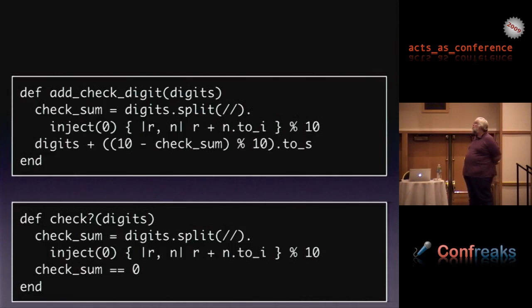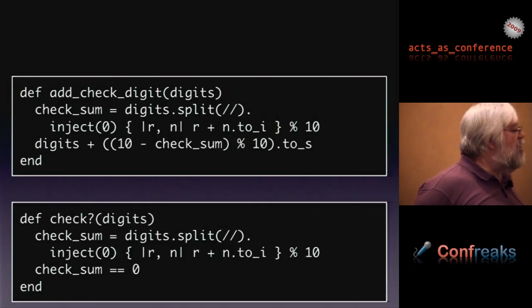So add check digit is very easy. The check algorithm down here does the same thing, calculates a checksum, and just makes sure that the checksum is 0. So it's a pretty straightforward loop. There is a kinesis, though, between these two pieces of code.